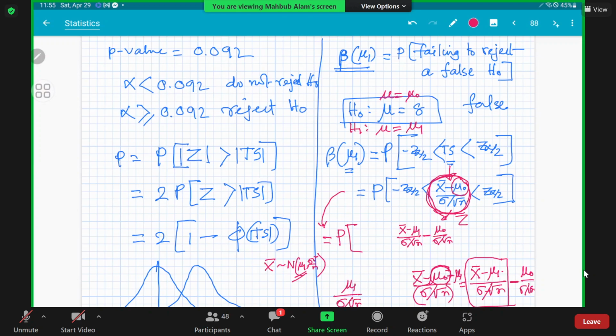If we subtract this one here, then this becomes this, and eventually we get this. So to make the inequality intact, we need to subtract it from z alpha by 2 minus mu1 divided by sigma. We need to subtract it from the left hand side as well as from the right hand side. Z alpha by 2 minus mu1 divided by sigma square root of n divided by.